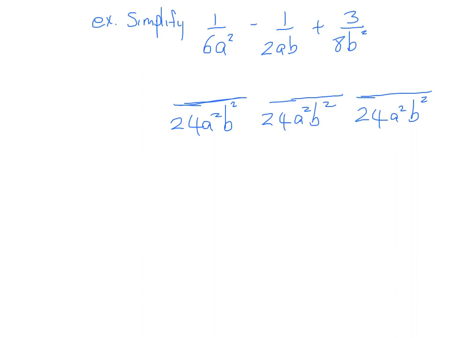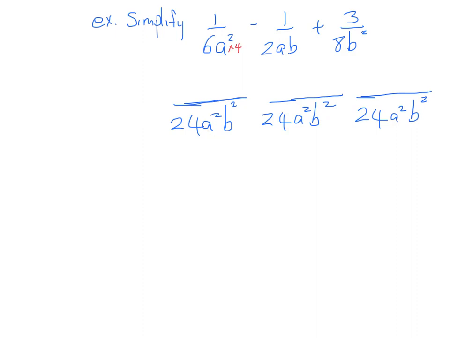So that is, what do we have to multiply 6a squared by to get to 24a squared b squared? Well, 6 needs to be multiplied by 4 to get to 24. A squared doesn't need to be multiplied by anything because it's already a squared.